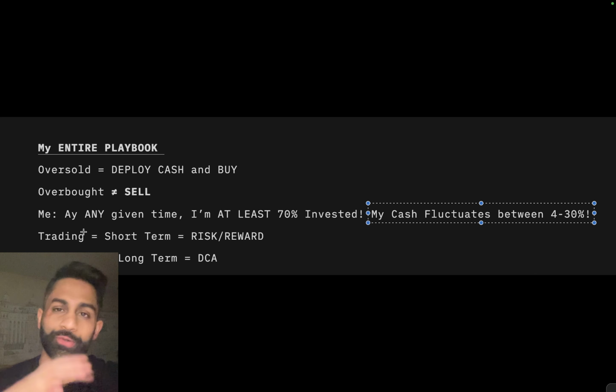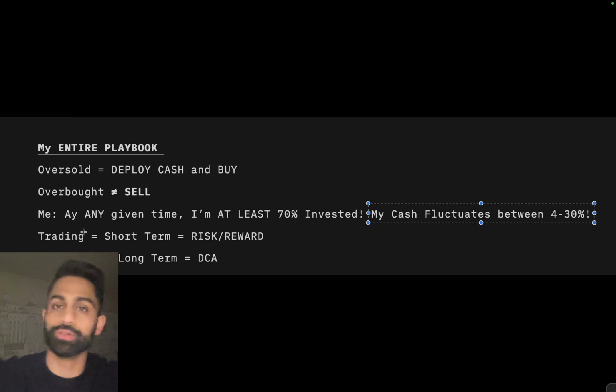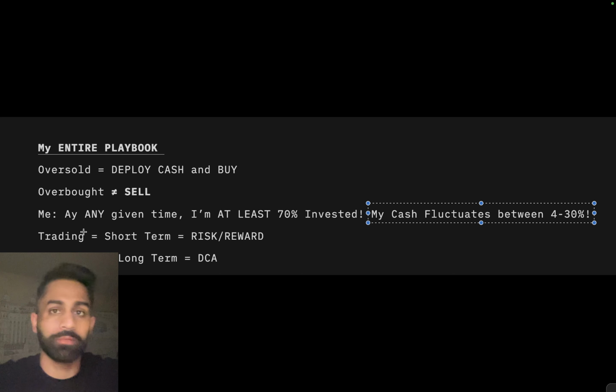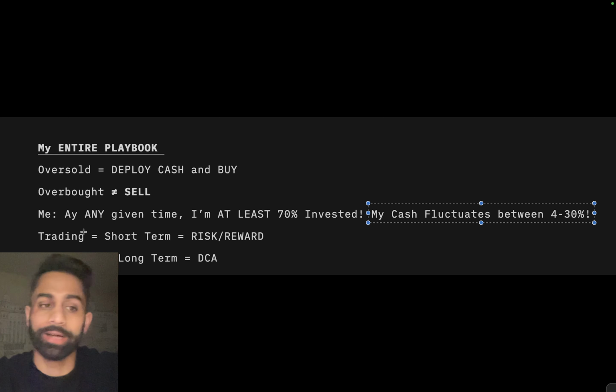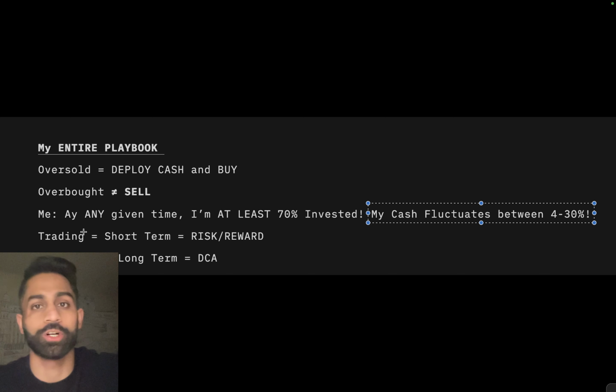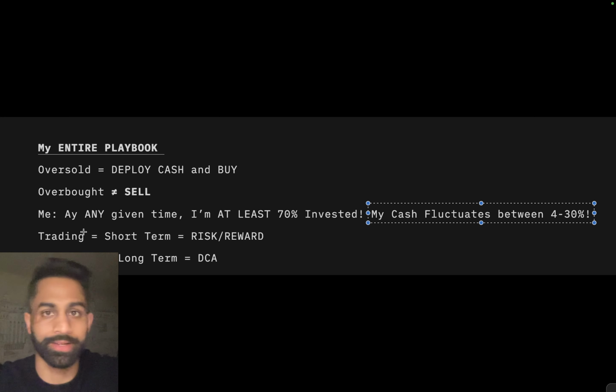Now, when it comes to trading versus investing, there's no rule of thumb that you have to do one or the other. It depends on your personal preference, curiosity, and your skill level, okay? For me, for example, I am mostly invested for the long term. And when I say long term, we're talking at least 1 year plus, okay? 1 year and over is considered long term.